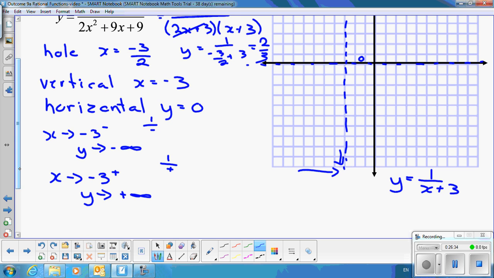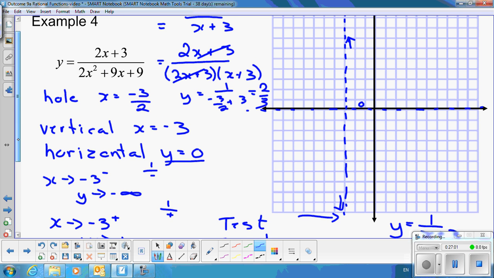To test to see whether it crosses our horizontal asymptote, we're going to substitute our horizontal asymptote, which is y equals 0, into our equation. So we have 0 equals 1 over x plus 3, which when we cross multiply, the x's will disappear. We get 0 equals 1, which is no solution, so therefore it does not cross.